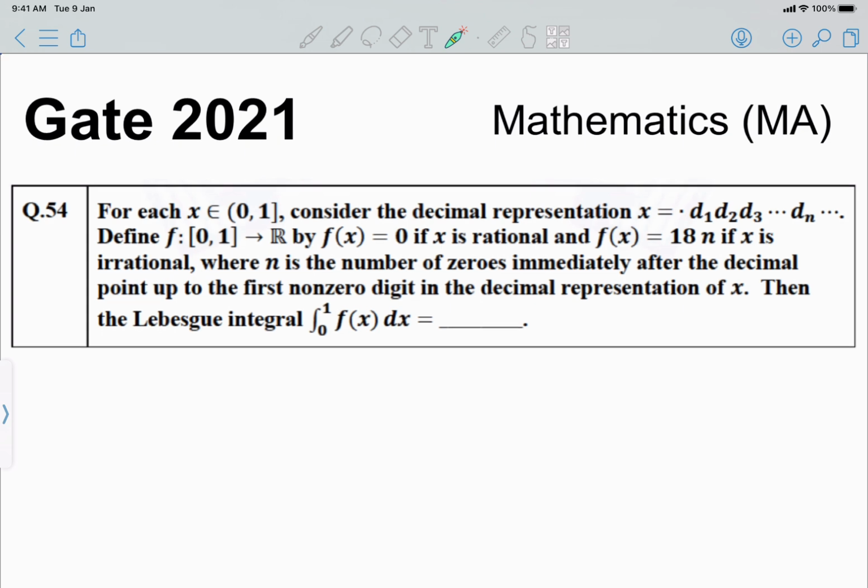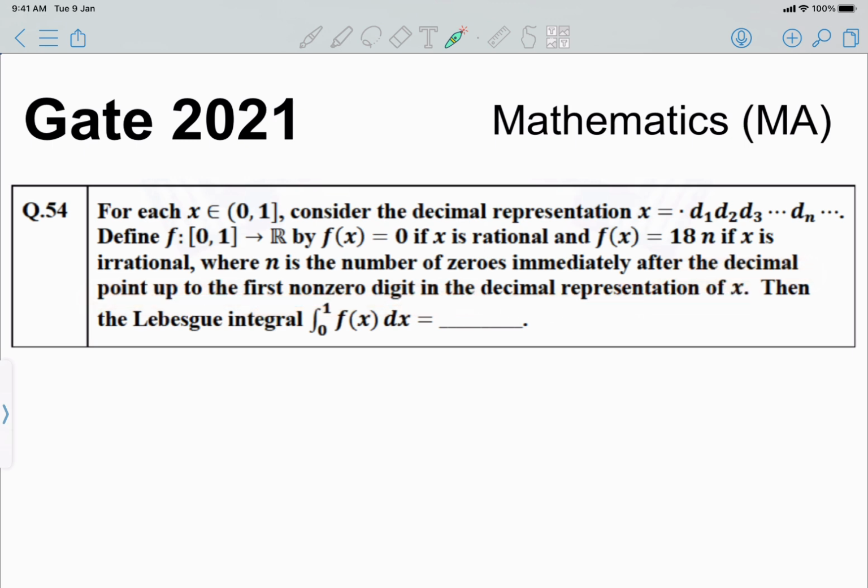It says: let x belong to the open interval (0, 1) and consider the decimal representation x = 0.d1 d2 d3 ... dn .... Then define a function f from [0, 1] to R by f(x) = 0 if x is rational, and f(x) = 18n if x is irrational, where n is the number of zeros immediately after the decimal point up to the first non-zero digit in the decimal representation of x.